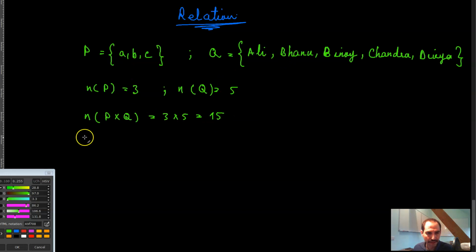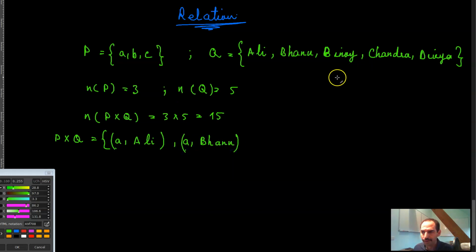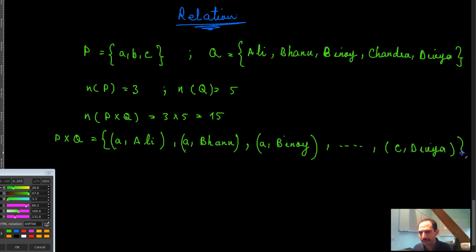It would be, for example, A comma Ali, A comma Bahanu, A comma Binoy, and it just keeps going all the way up to C comma Divya. So this would be 15 elements.